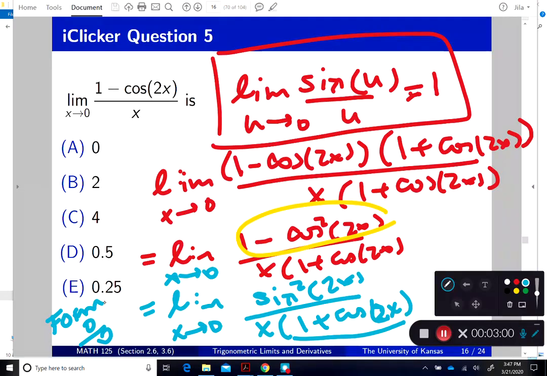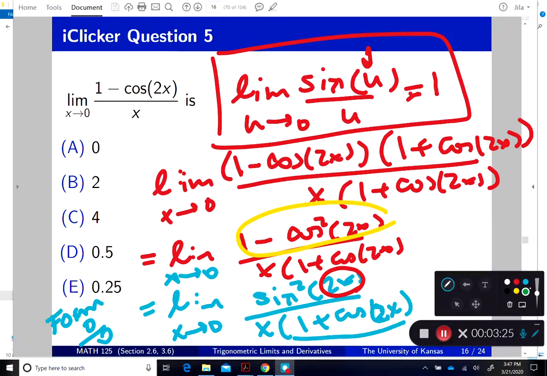So I have to figure out how to make the limit into this format. This format has a u inside the function, so my u should be that one, but that u is not down here. So what do I do?